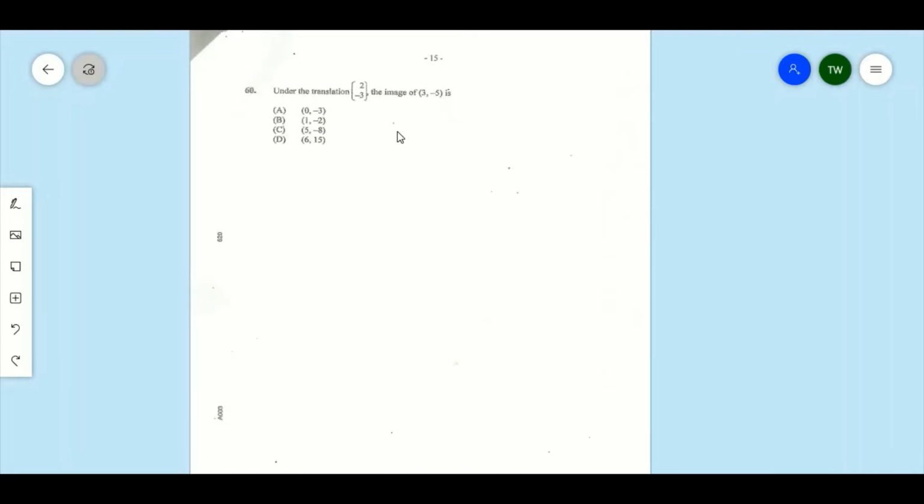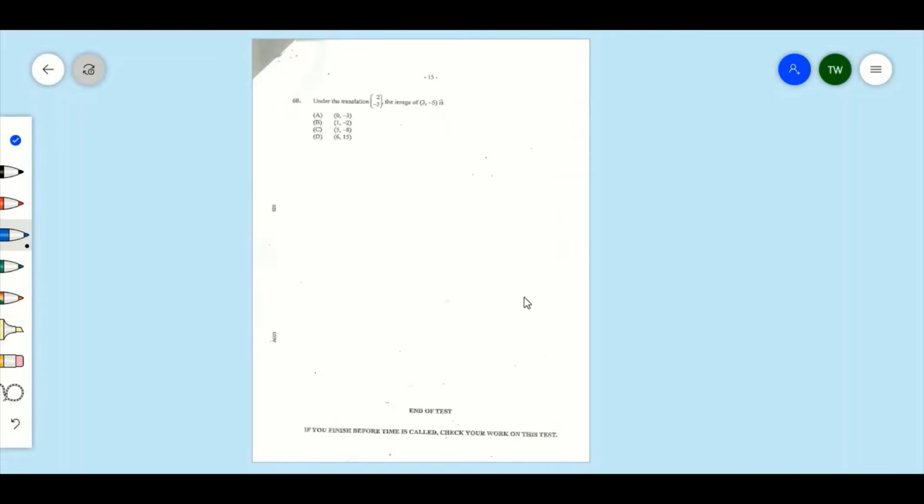So it's going to be (2, -3) plus (3, -5).